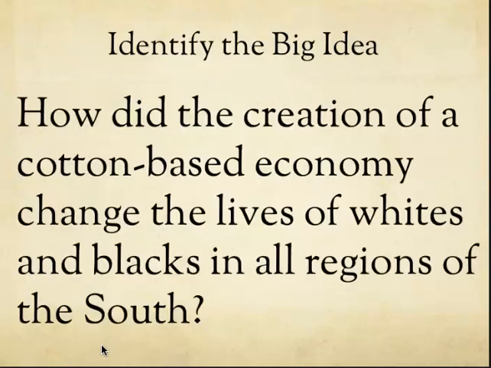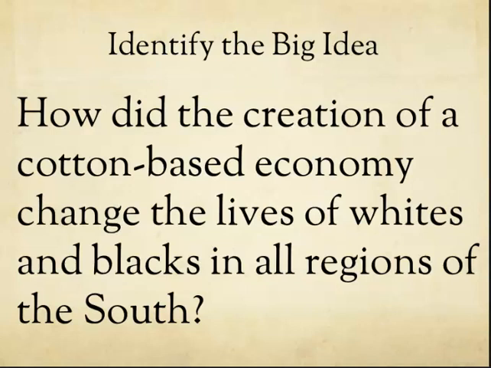So once again, we're going to revert back to the big idea. How did the creation of a cotton-based economy change the lives of whites and blacks in all regions of the South? We talked about the increase in slavery and how it spread from just the East Coast all the way over into Texas. We talked about the two different slave trades, the inland and the coastal.